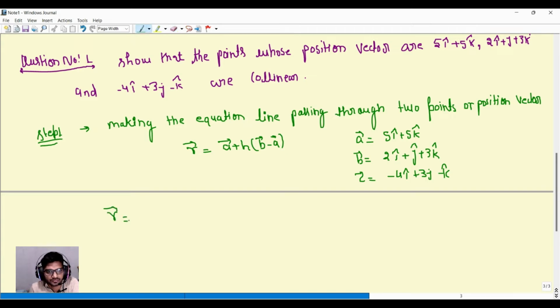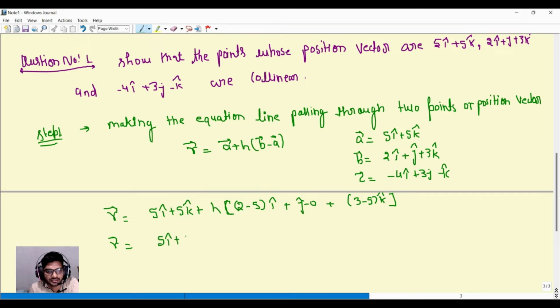Then r equals 5i plus 5k plus lambda times (b minus a), which is (2 minus 5)i plus (j minus 0) plus (3 minus 5)k. This will be the value inside the lambda.